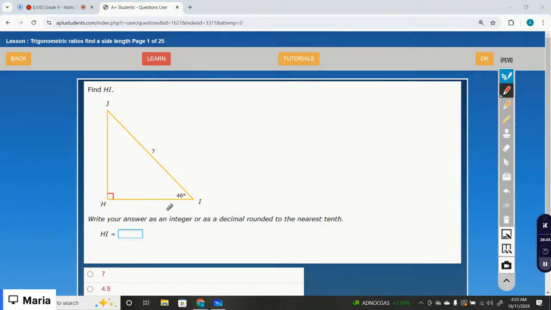You have to find HI, right? You have to evaluate cos 46.